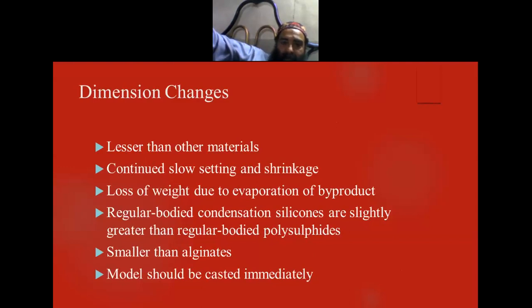Regular bodied condensation silicones are slightly greater than regular bodied polysulfide. What is this? They have water, and these have a byproduct, sorry, ethyl alcohol.